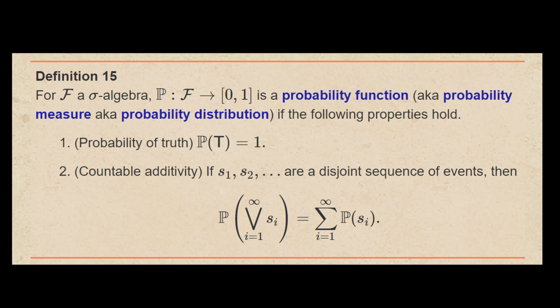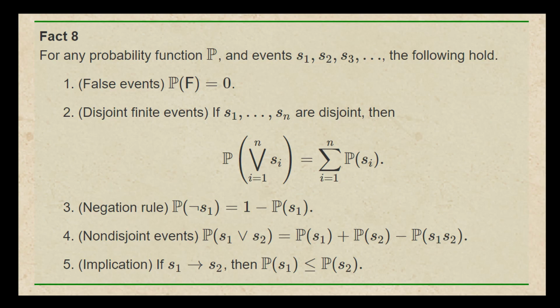So why make a formal definition of probability? Well, it turns out that many other rules that are useful in calculating probabilities can be derived just from the two rules given above. Here are 5 in particular. For any probability function P, and events S sub 1, S sub 2, S sub 3, etc., the following hold.